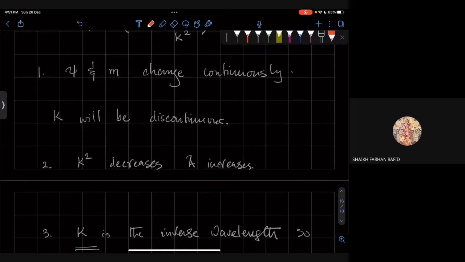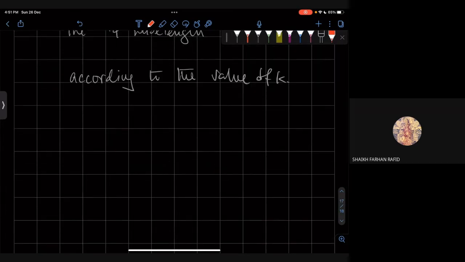So let's end this class with another one, which is a linear potential. Suppose I have a potential like this. We can think of such a potential as being made out of small steps.